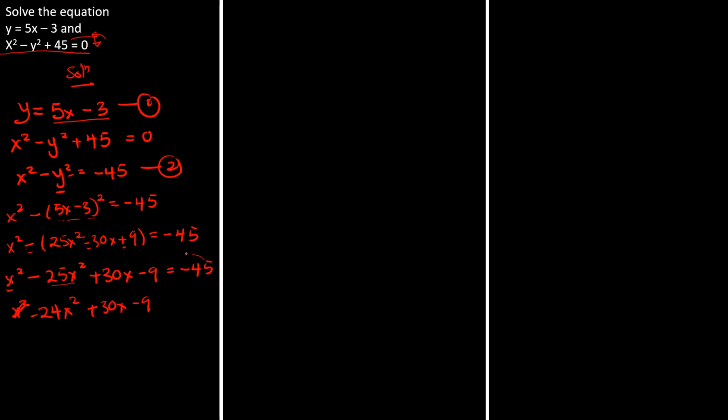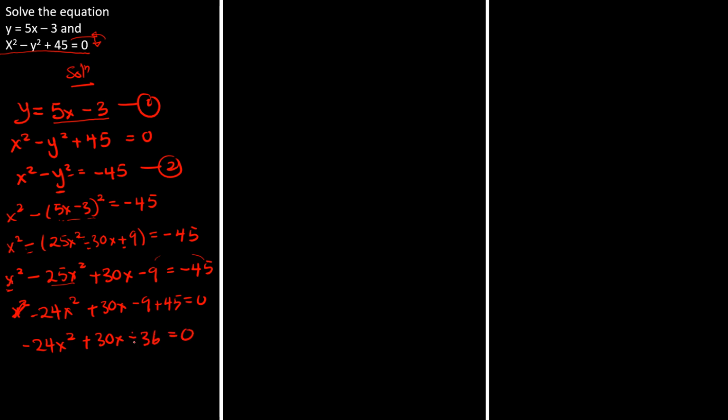I can then switch the 45 to this side, plus 45 is equal to 0. To prevent confusion, I'm having negative 24x squared, then plus 30x, and in this case I'm going to get minus 36, which should give me 0.